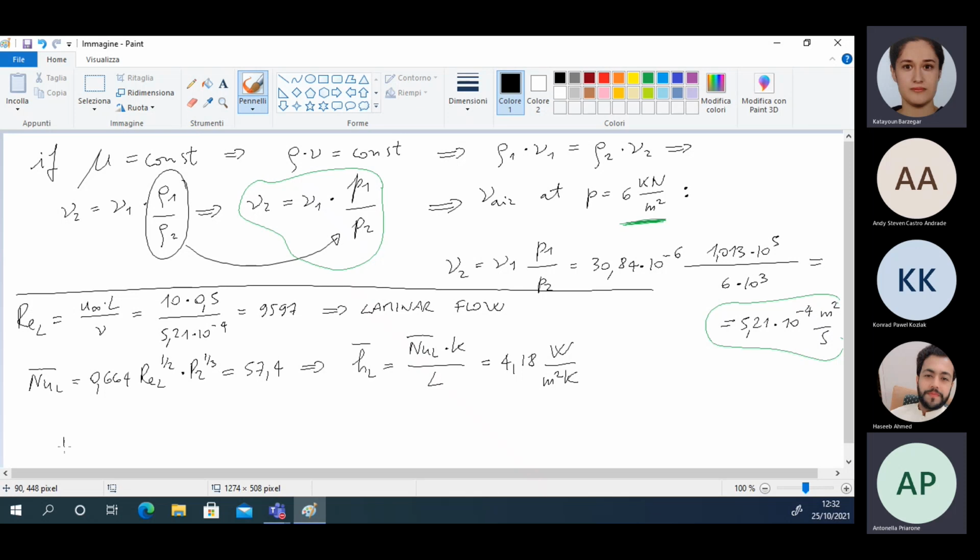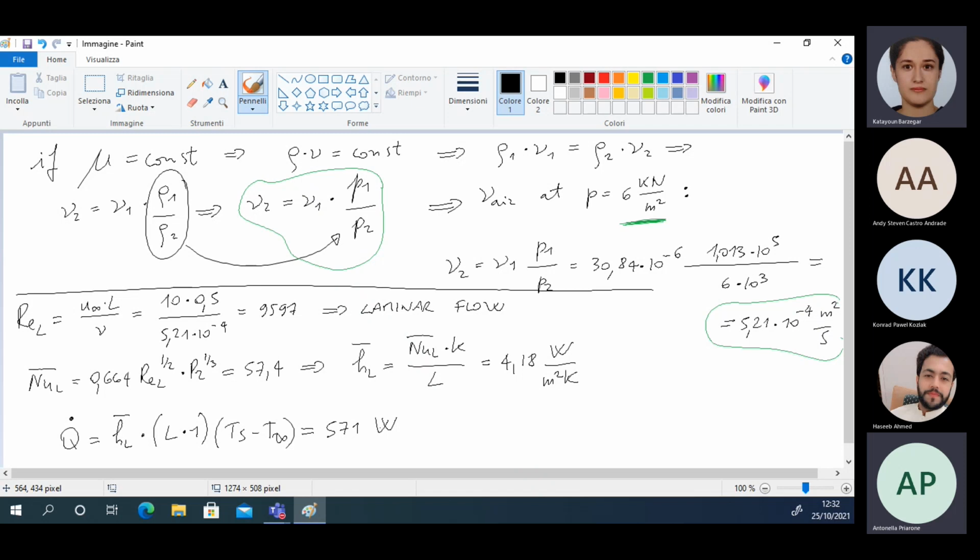And finally, the heat transfer rate for unit width, as usual, is obtained as 571 watt.